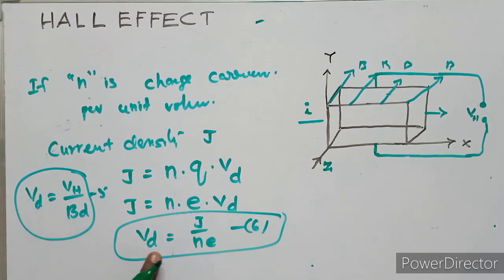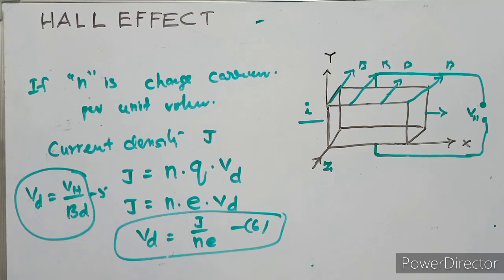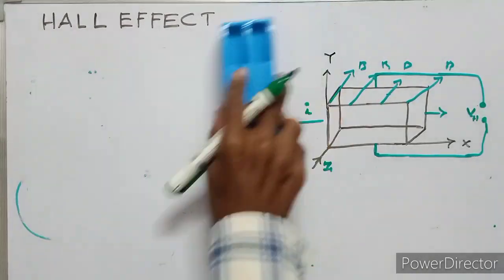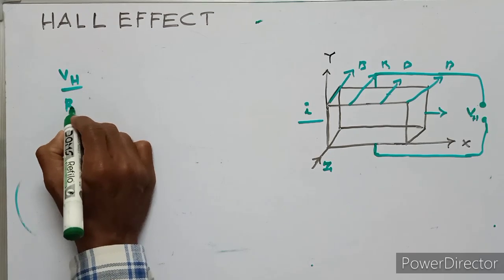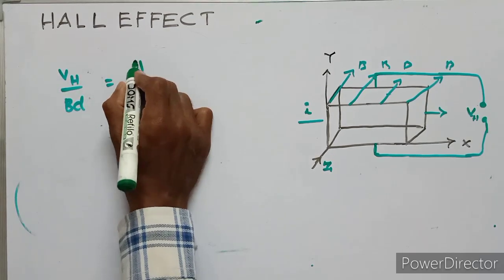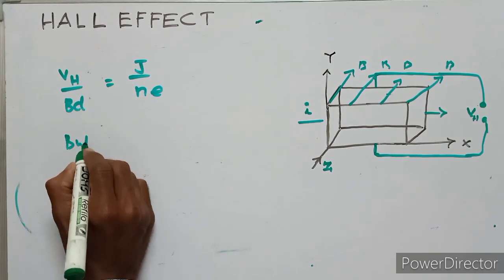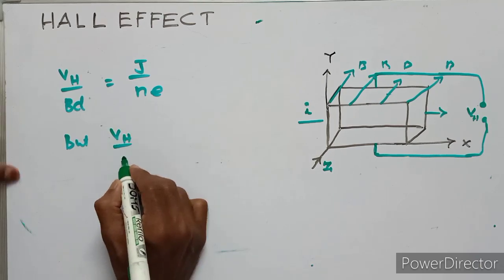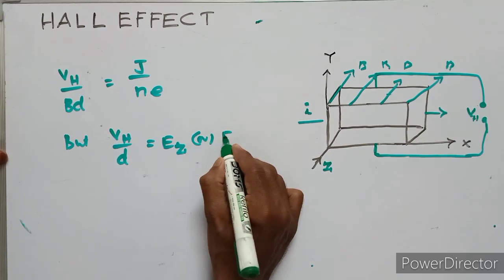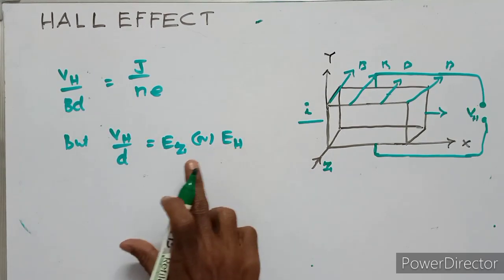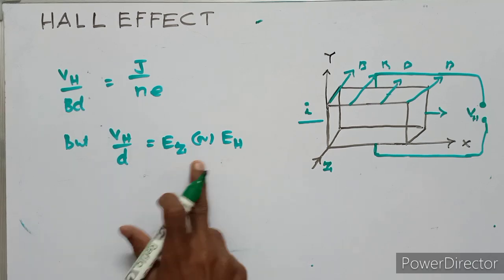From 5 and 6, LHS are equal, then RHS are equal. Then these two equations can be written as V_H upon B d is equal to J upon n e. But V_H upon d is equal to E_z or E_H, the Hall electric field, and also the transverse electric field.